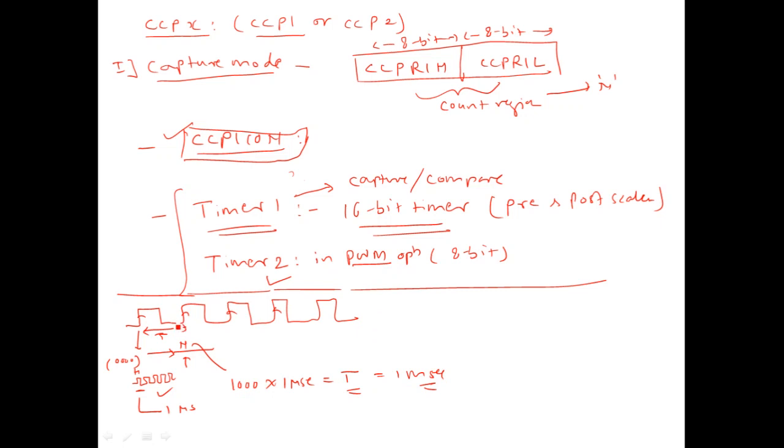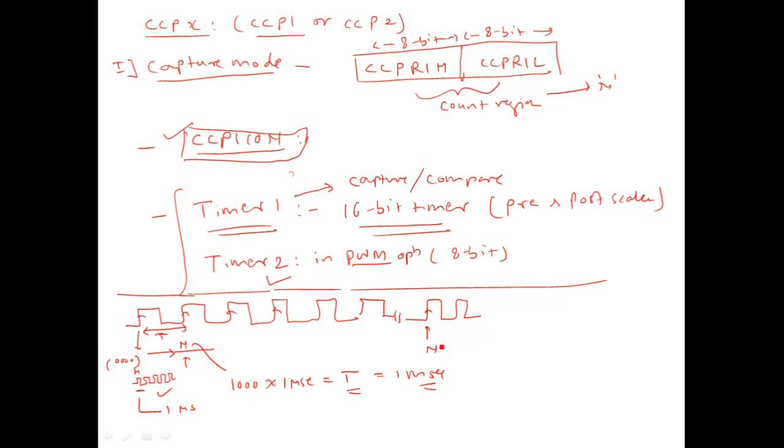If you want better resolution, you can latch the count after, say, every 4th or 16th rising edge. In that case, you start your timer, and at the 16th rising edge, for example, the count will be latched. You can take the difference of this count and this count.